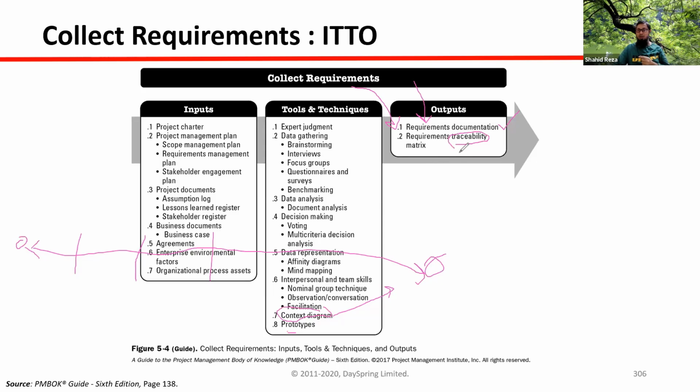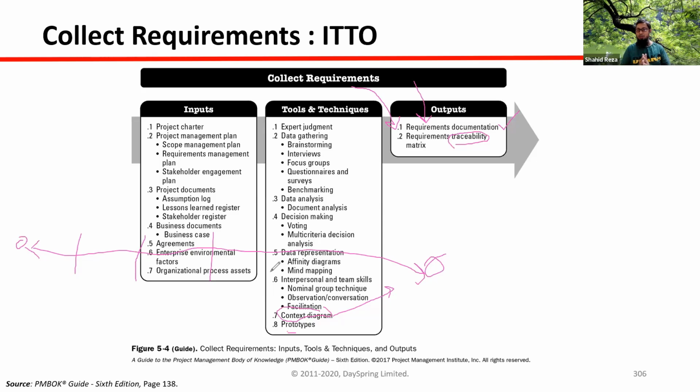We have already discussed that one of the main reasons of project failure is not understanding the requirements properly, not understanding stakeholders' requirements and not fulfilling stakeholder requirements.